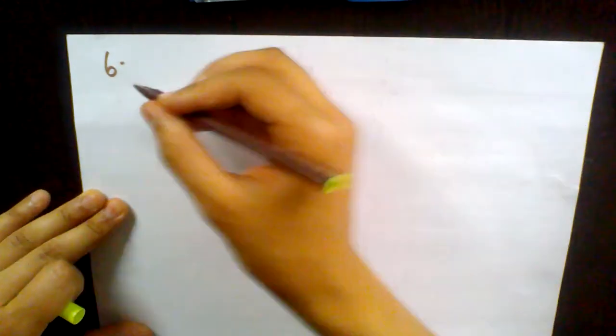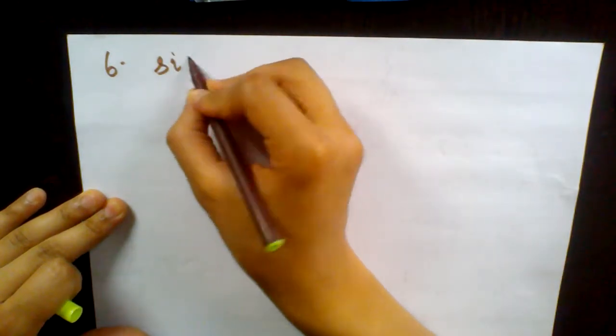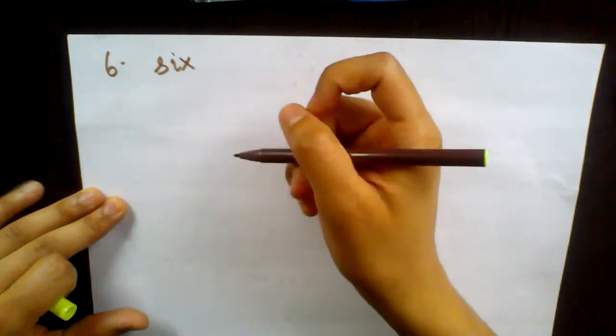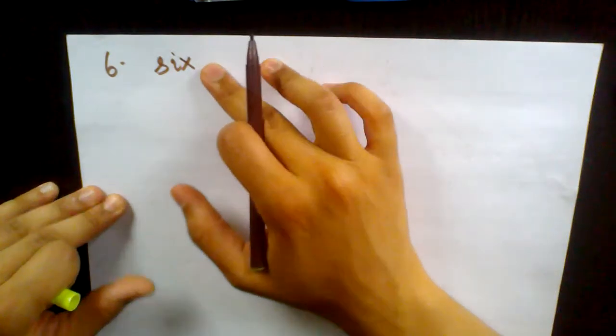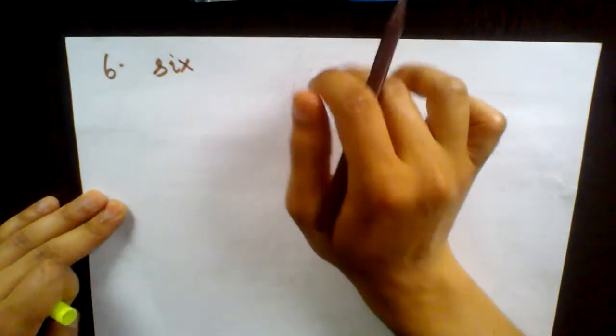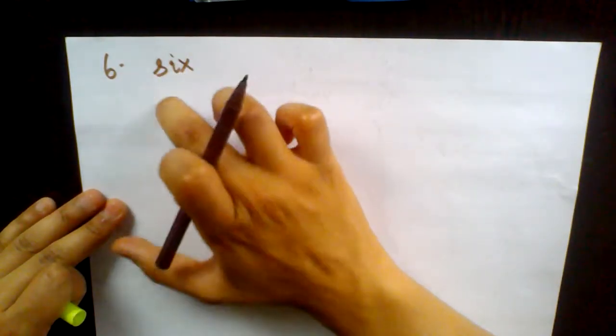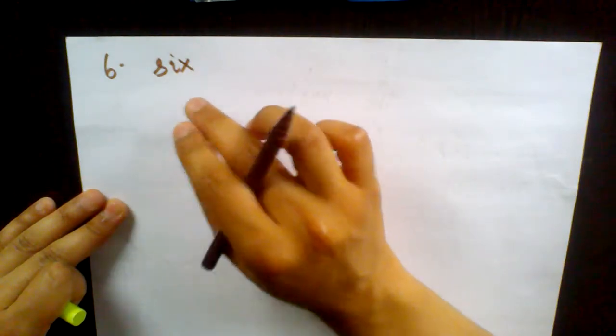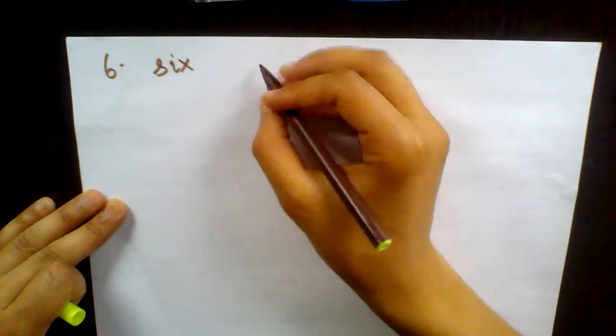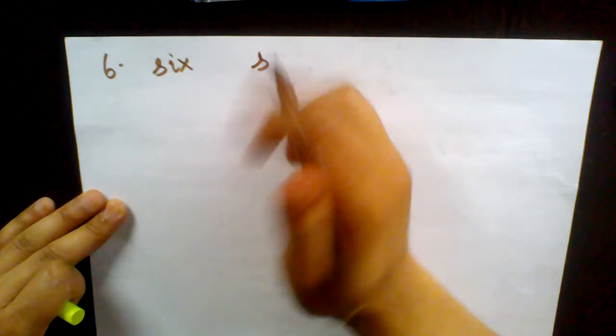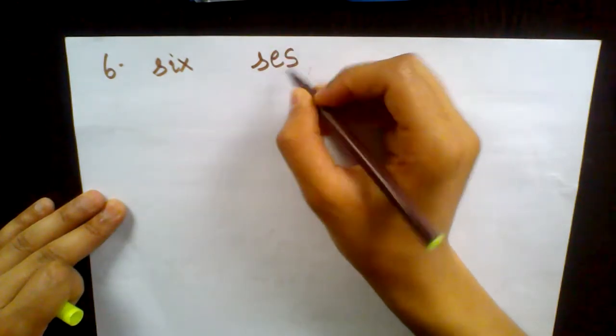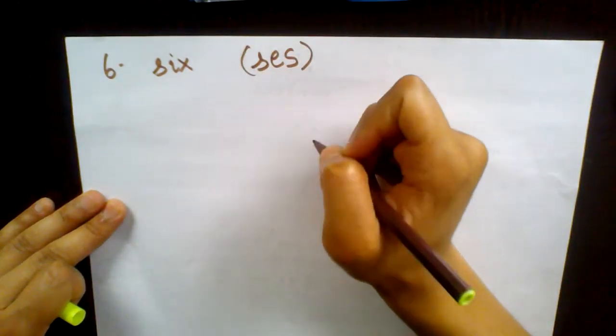Then you have number 6, SIX, written the same way as in English, however pronounced differently. The I and X are pronounced as ES. So you have 6 in English, pronounced in French as cis. So basically I and X become "ees" for the English speaking people.